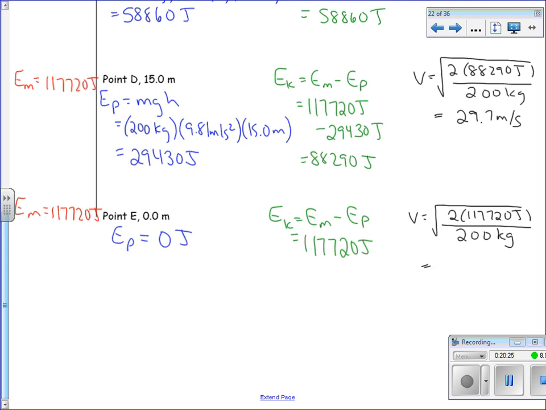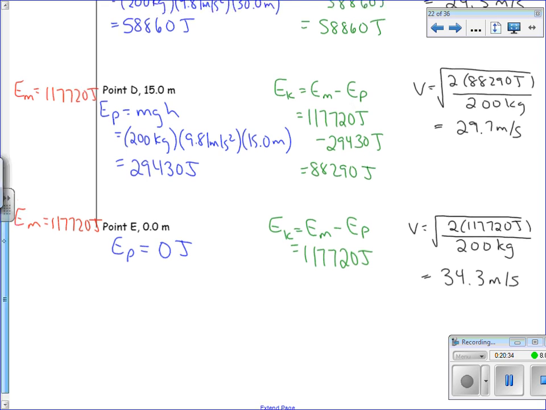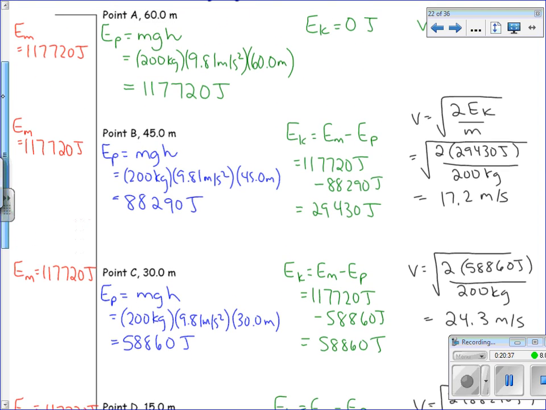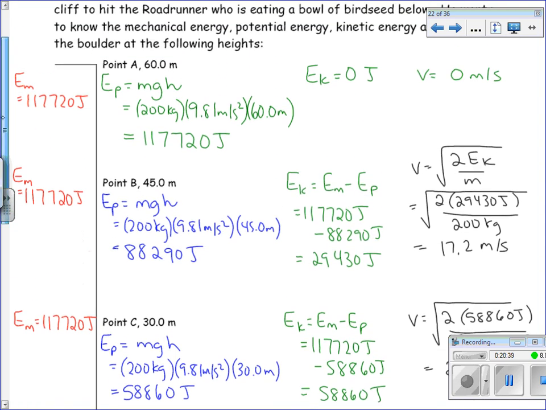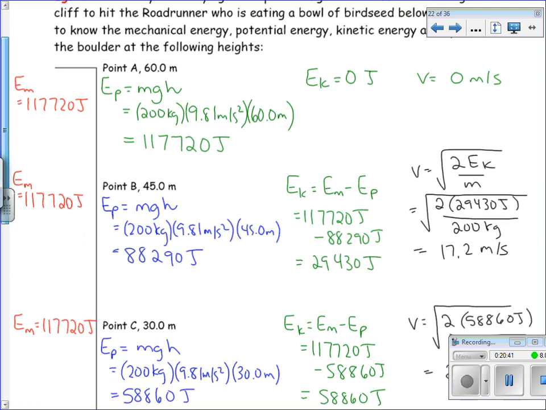So we get 34.3 meters per second. And I just want you to take a step back and look at this and notice the symmetry of it and how as the potential energy decreases, the kinetic energy increases. And when you're in an isolated system, at the halfway point, it's half of each, and so on.